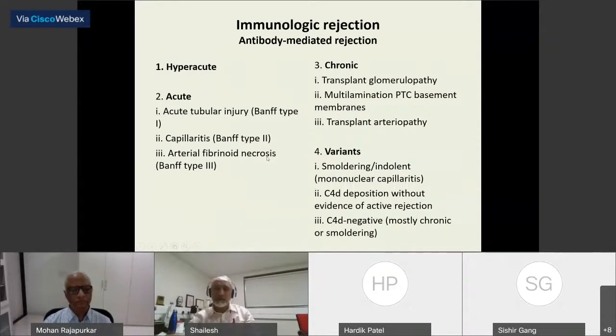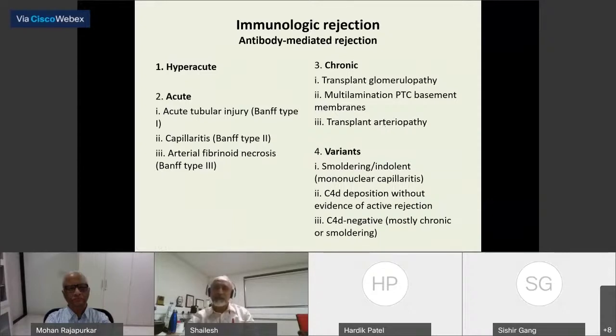Then in the long term, after 6 months, we can see chronic antibody-mediated rejection, with transplant glomerulopathy, PTC basement membrane multilamination, and transplant arteriopathy.